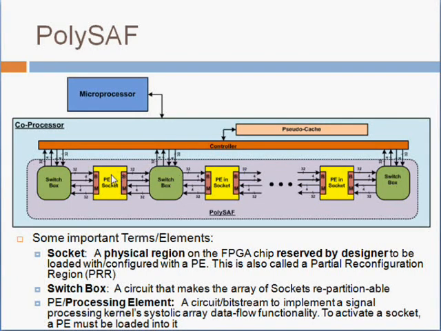The ability of PolySAF is that these processing elements can communicate with their left and right neighbor and also with the controller. All that configuration is handled by these switch boxes. The switch boxes handle a 4-bit tag line and a 32-bit data line. For most things we've implemented, the tag line is just a 1 if there's data coming in and a 0 if not.